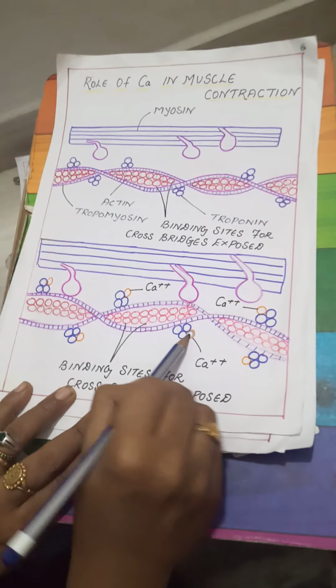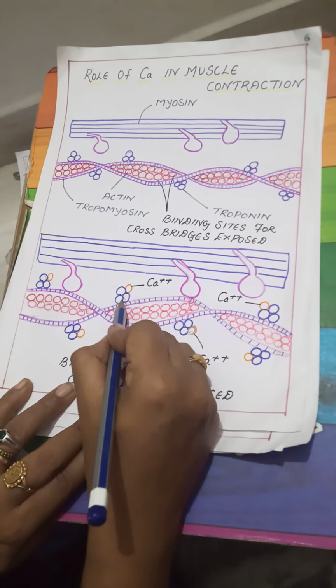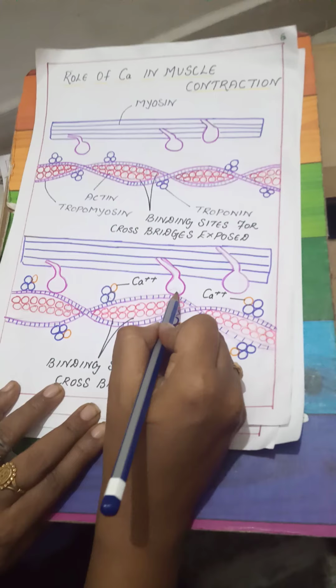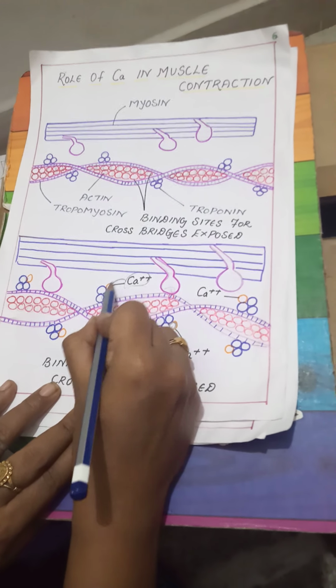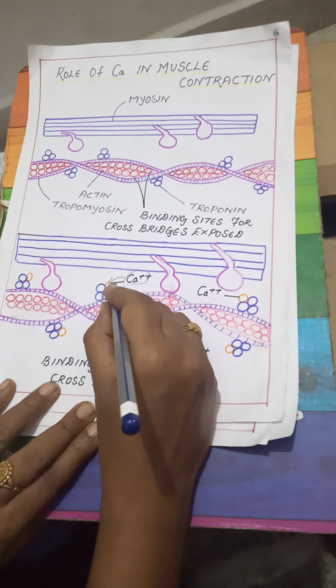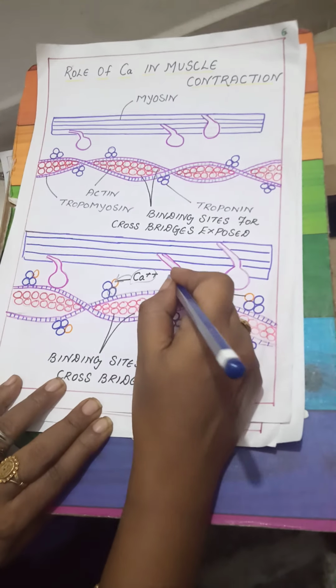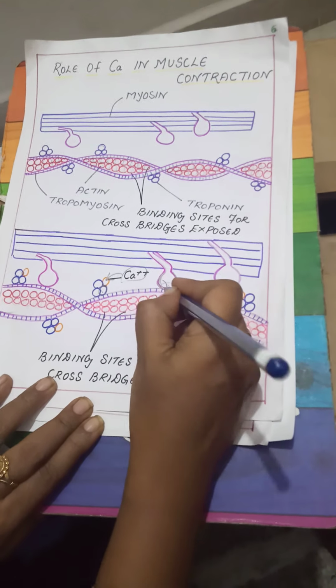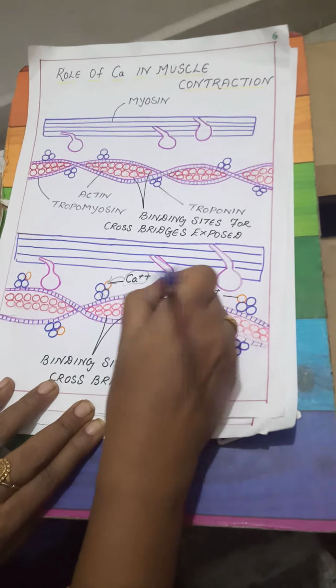What is the role of troponin? It masks the actin binding site of myosin. Once the calcium ion is attached here, what happens? The site is freed, and the actin binding site of the myosin can contact the tropomyosin, and the cross bridge is formed.